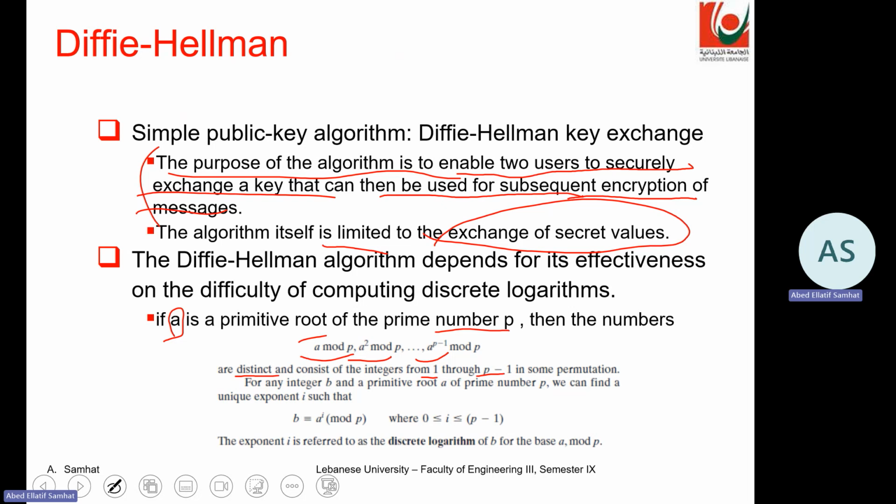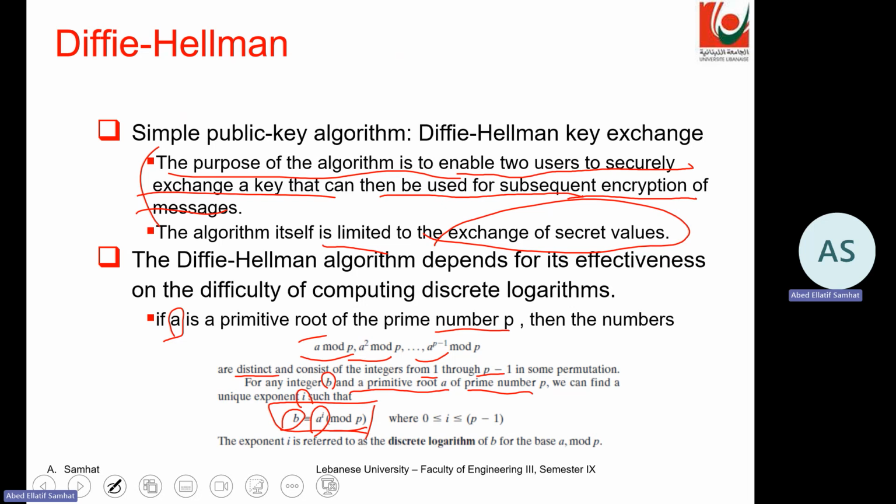So based on this, for any integer b and a primitive root a of prime number p, we can find a unique exponent i such that b is the remainder of a to the power i mod p. So this is the idea.